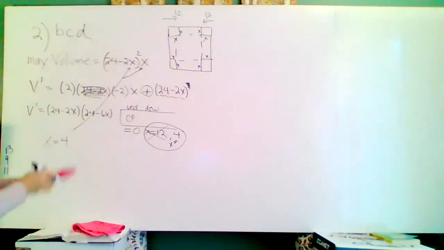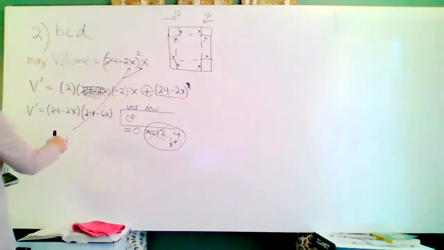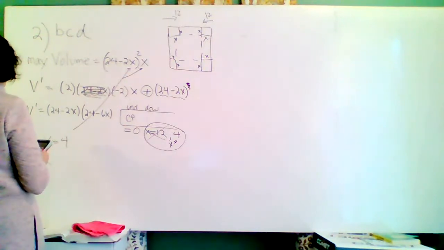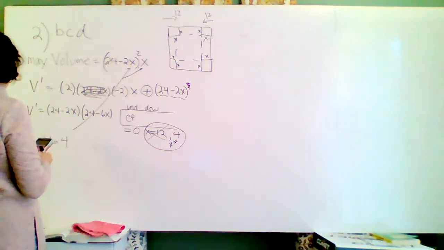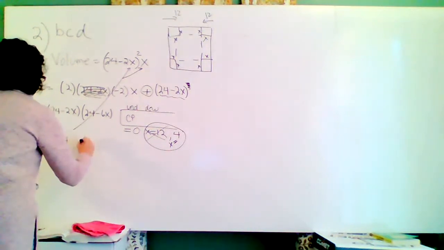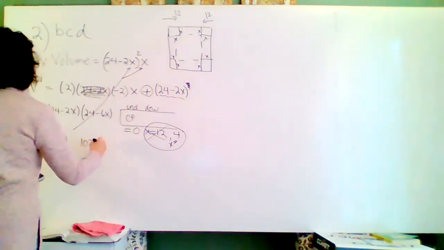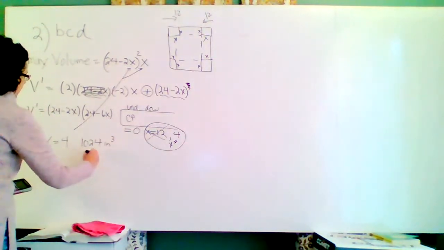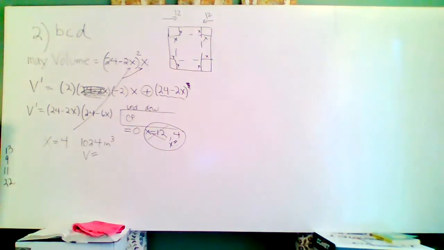That's 24 minus 8 squared, right? So that's 16 squared times 4. So 1024 is the volume. Inches cubed is the actual volume right there.